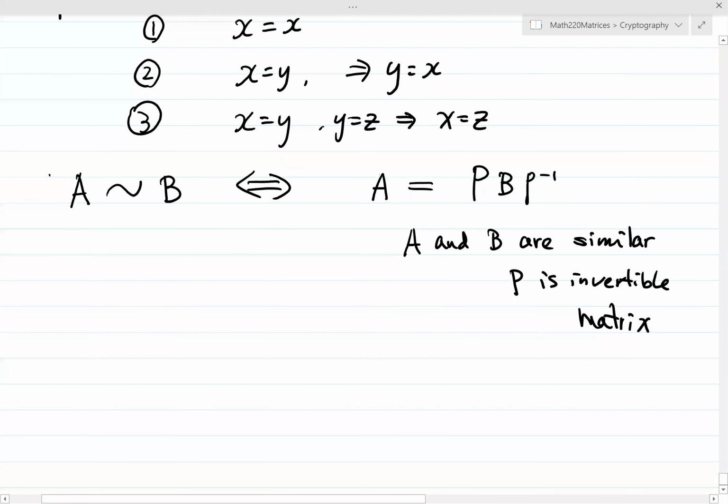So matrices being similar, the similar relation, for matrices, is an equivalent relation.